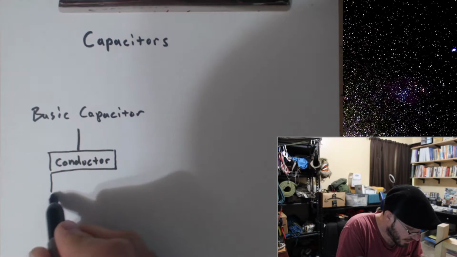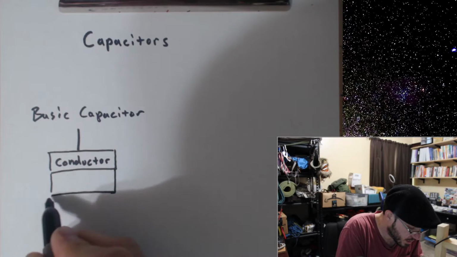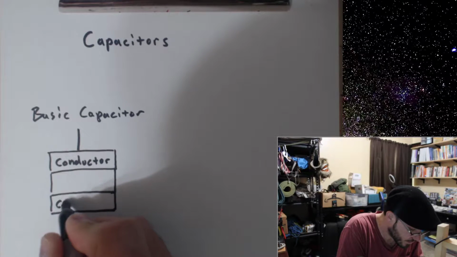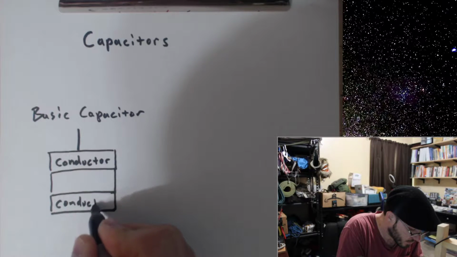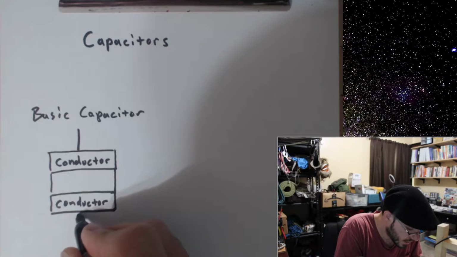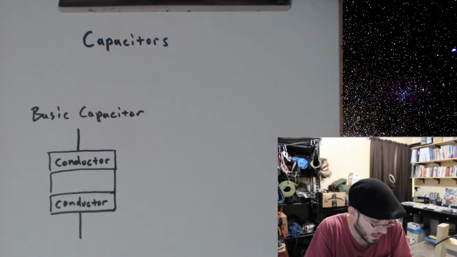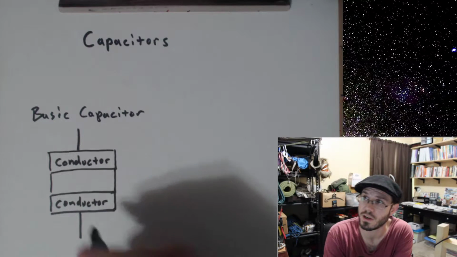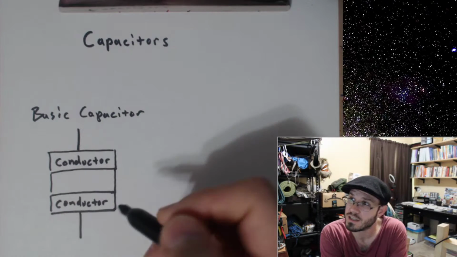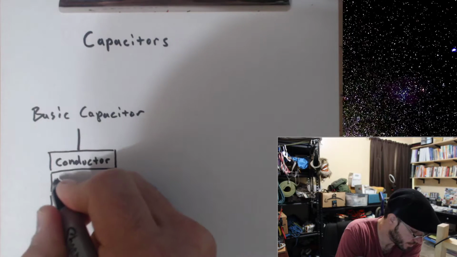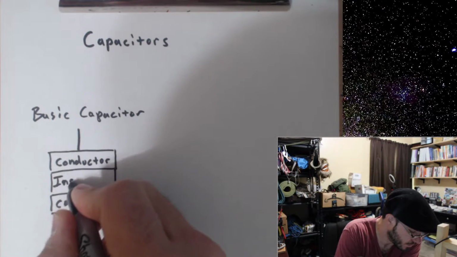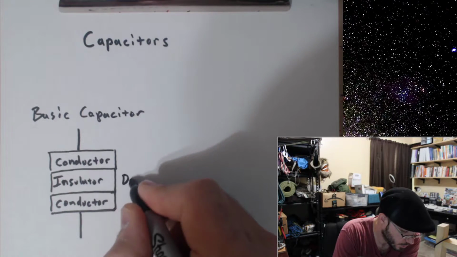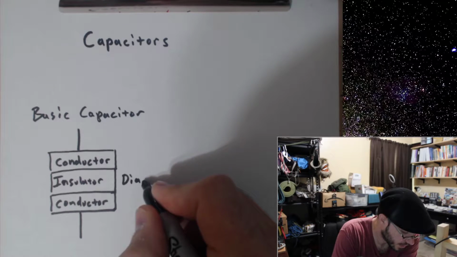And then we have another conductor on the other side, and that other conductor connects to the other terminal. So this is a two-terminal device. We have two wires coming off of here, and we have these two conductors that are separated by an insulator. We call this a dielectric.